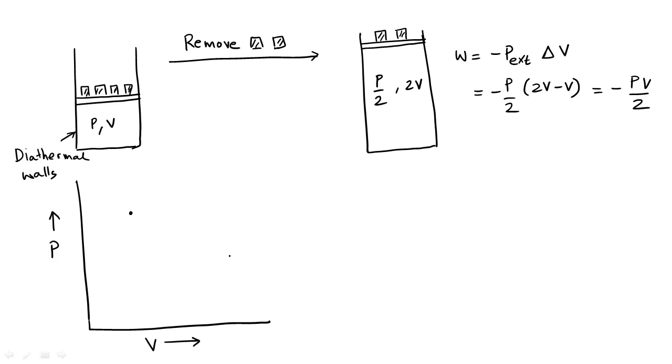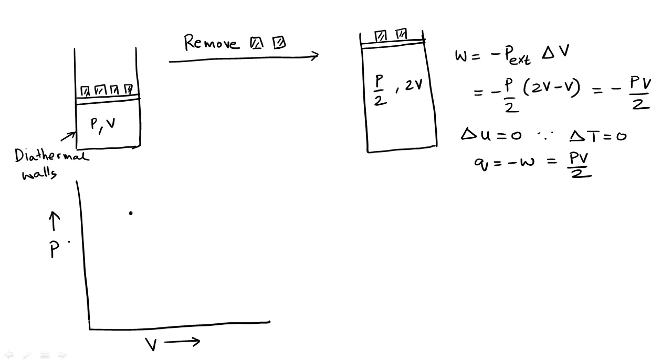Since the temperature does not change, delta U is equal to 0. And applying the first law of thermodynamics, Q is equal to minus W, which is equal to PV by 2.